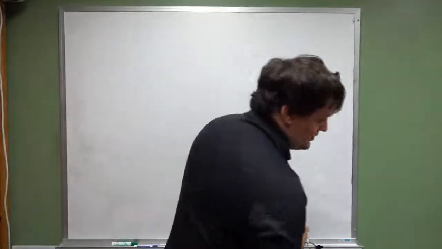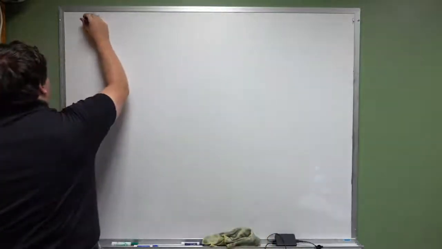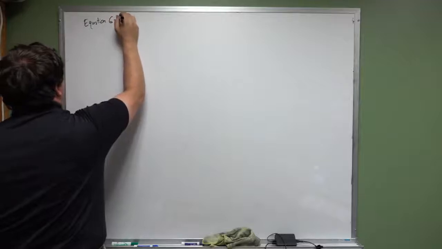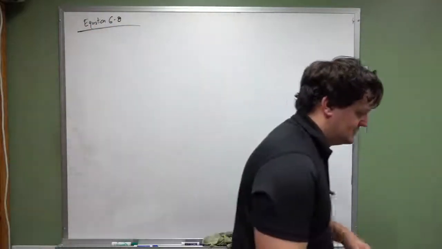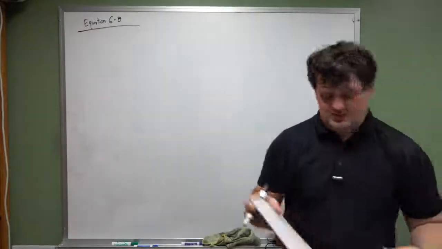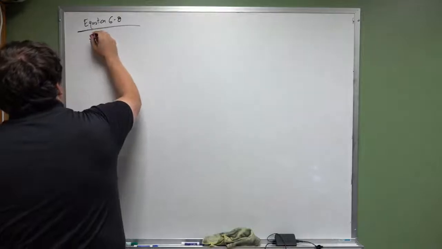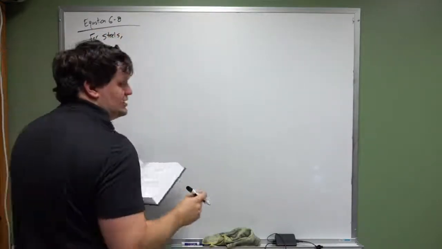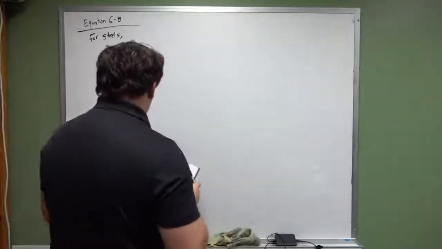I'm going to throw equation 6-8 at you. Okay? Equation 6-8 says that for steels, which most of our discussion on the endurance limit here is going to be about steels, just FYI.